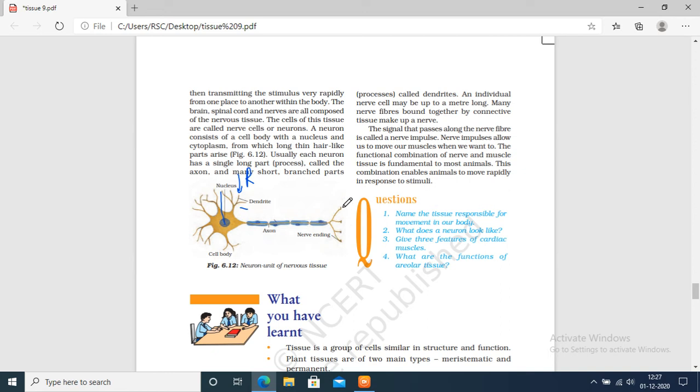So this is a neuron. From this neuron, at the end of the nerve ending, there starts the second neuron. This is the second neuron. Let's suppose these are the dendrites.